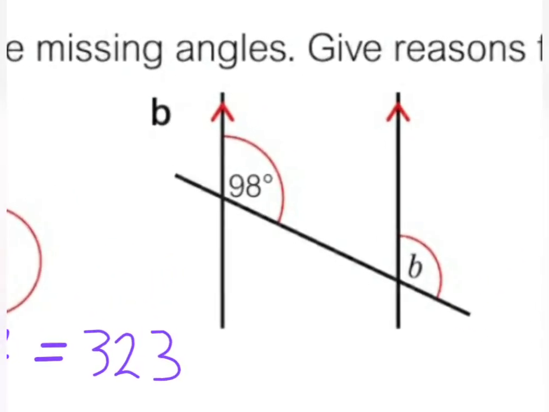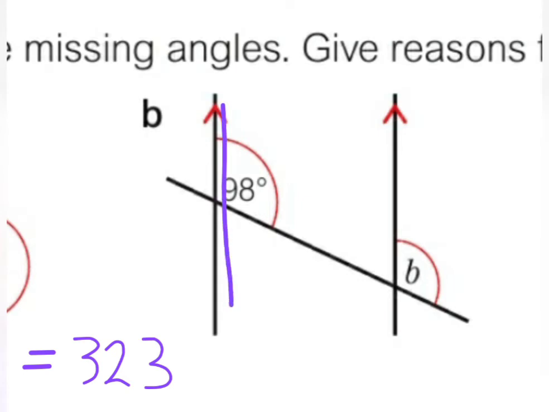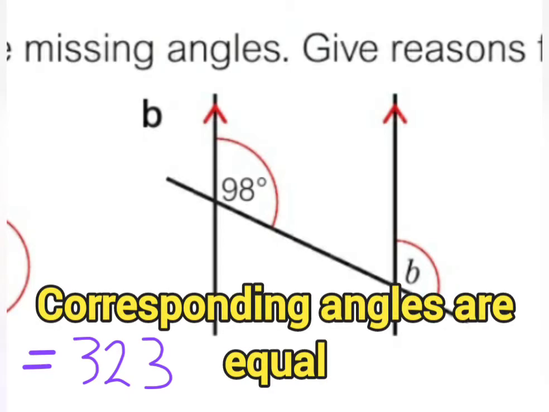In question B here, we have two parallel lines, as you can see. These two parallel lines, they have angles around the points of the bisector of these parallel lines. Now, we have 98 here, and the question wants angle B. Now, to find angle B, we're going to use the rule of corresponding angles.